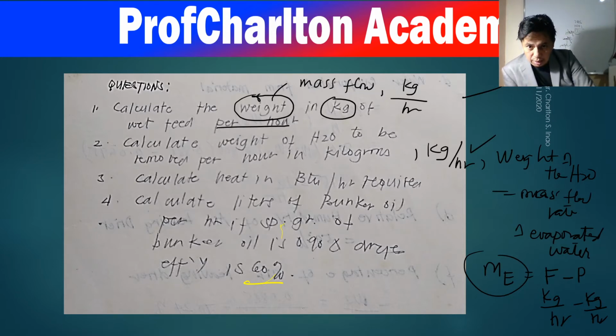There's a specific gravity that is given, which is the specific gravity of bunker oil is 0.9, and the dryer efficiency is 60%. So for me, it's a bit complicated. There's a lot going on, a lot of information in this problem.